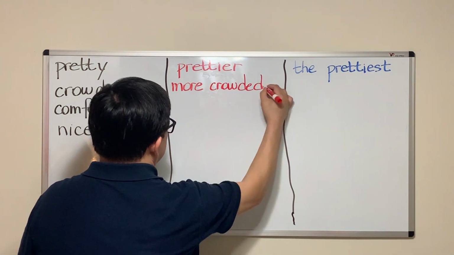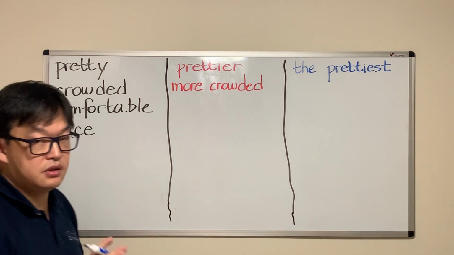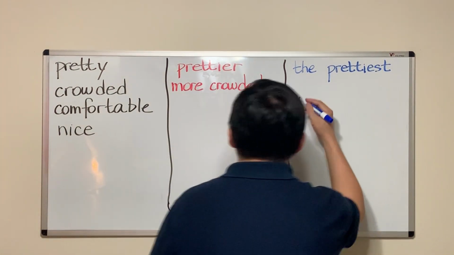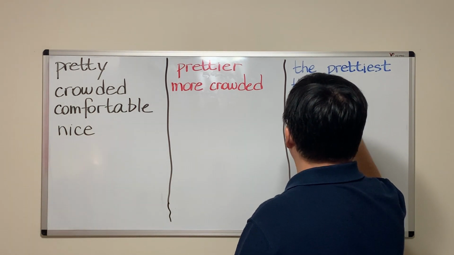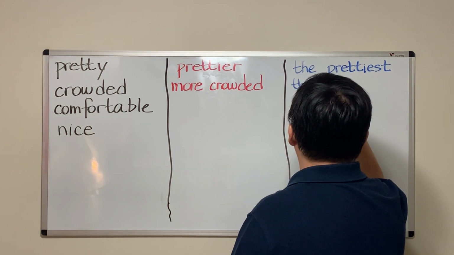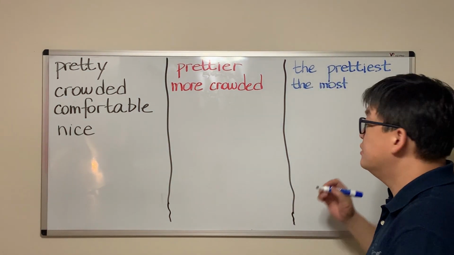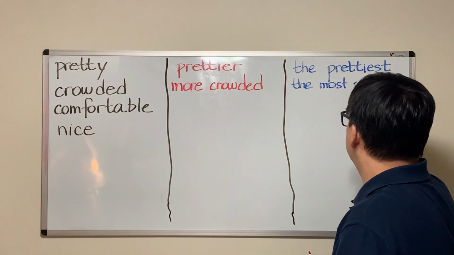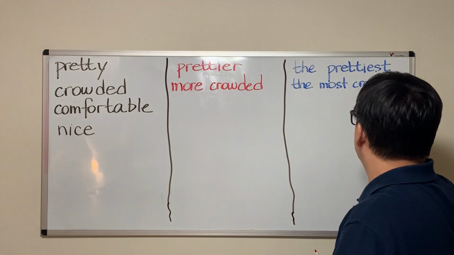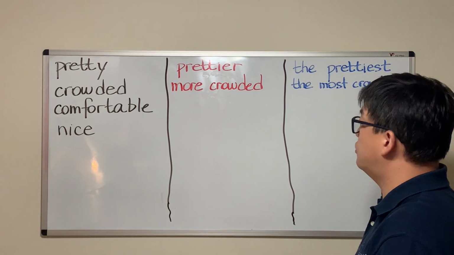So don't, sometimes just try to do the easiest way, okay? More crowded. No, crowdeder. This does not exist. So the same for the superlative. The most crowded. Not crowdedest. Because you never heard people saying crowdedest. Okay? The most crowded.